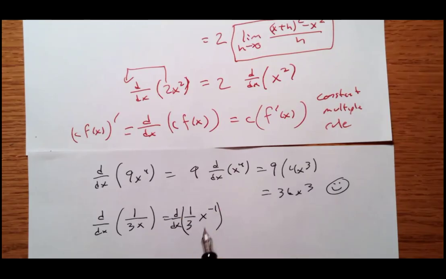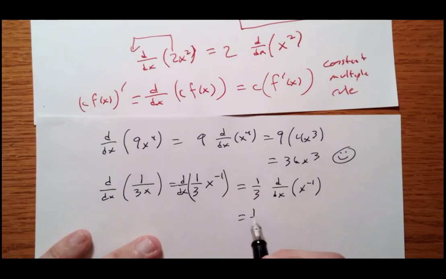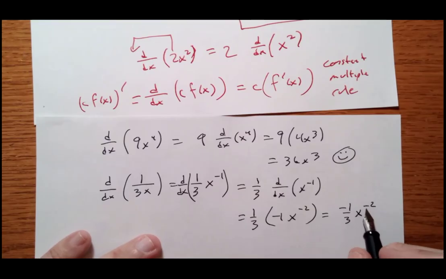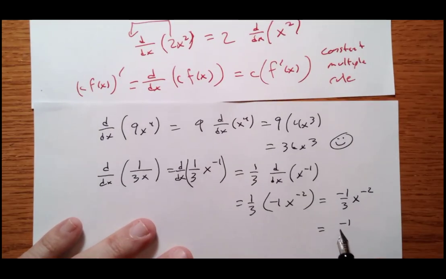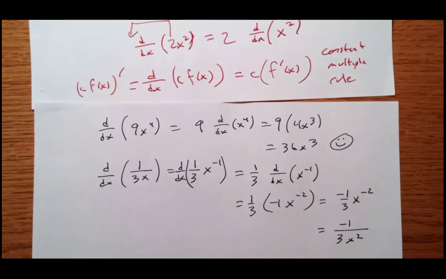Only the x comes up. I need to leave the 3 down there, and then my constant tells me to pull that out. But that's a power rule problem. Power rule tells me -1x to the -2. And that now goes back on the bottom. Yay!